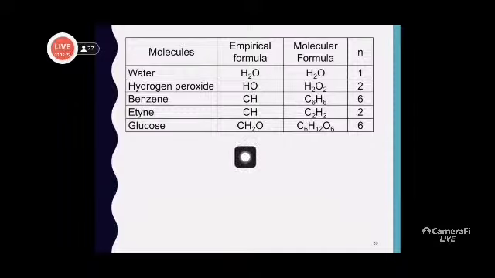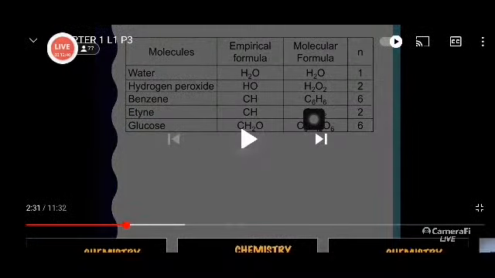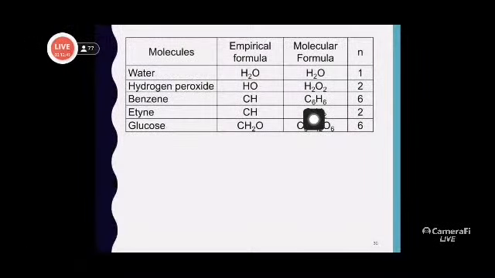Now, let's look at the third example, which is benzene. The empirical formula is CH, and the molecular formula is C6H6. Okay. So we know that benzene ni, benda-benda lah ni, hydrogen peroxide, benzene, ethyl, and then glucose.